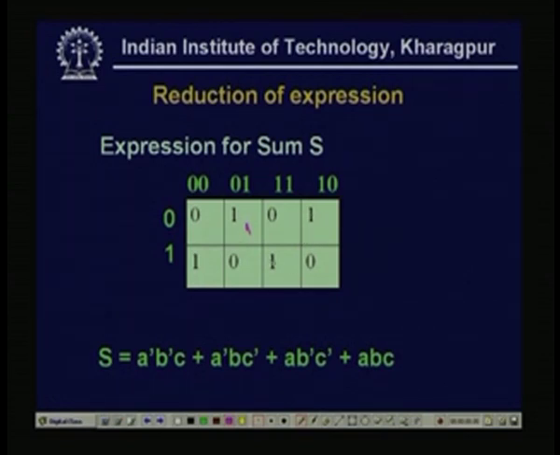If I take it this way, this is my A and this is B, then actually this should be A, B, C. There are 3 inputs.